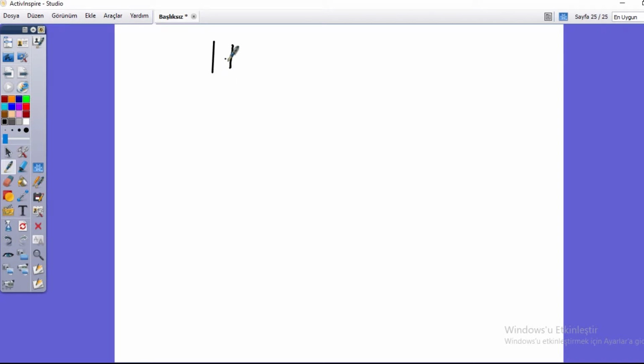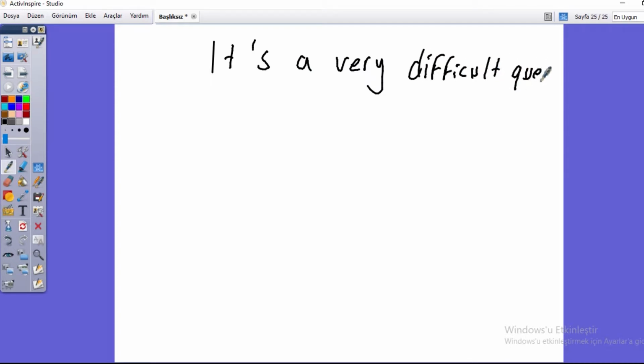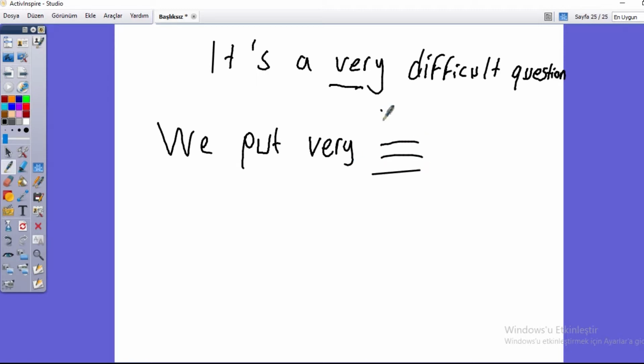It's a very difficult question. So, we use very before the adjectives. Let's write the rule. We put very before adjectives.